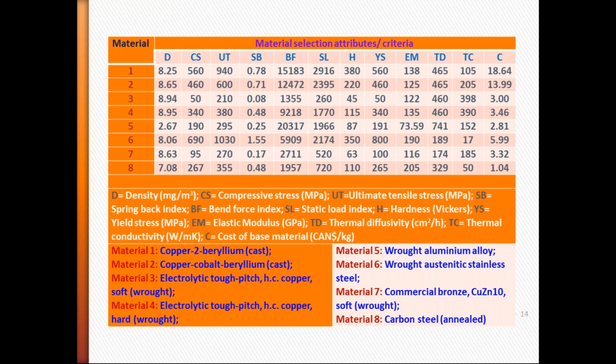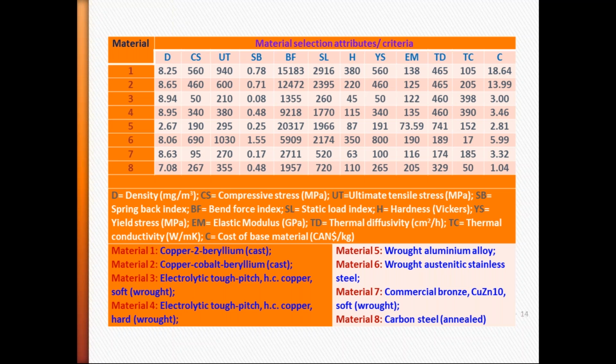D represents density, C represents compressive stress, UT represents ultimate tensile stress, SB represents spring back index, BF bend force index, etc. So 8 candidate materials are to be evaluated based on different criteria. Our objective is to select the best material amongst these 8 or rank the materials based on their performance.